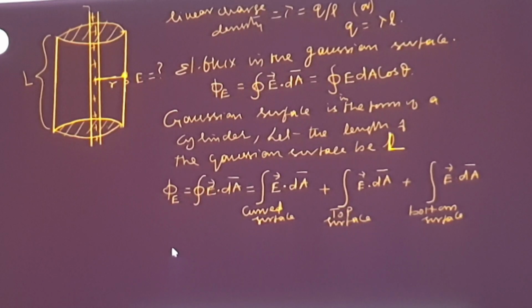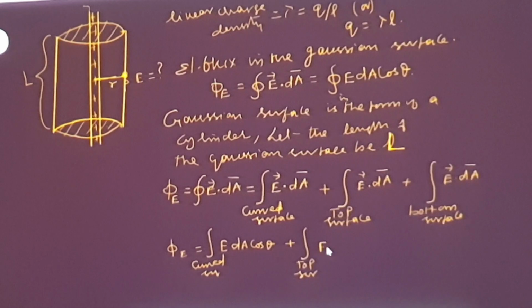So I can write phi of E as the integral, for the curved surface, of E into dA into cos theta, plus the integral for the top surface of E into dA into cos theta, plus the integral for the bottom surface of E into dA into cos theta. What is the value of theta?